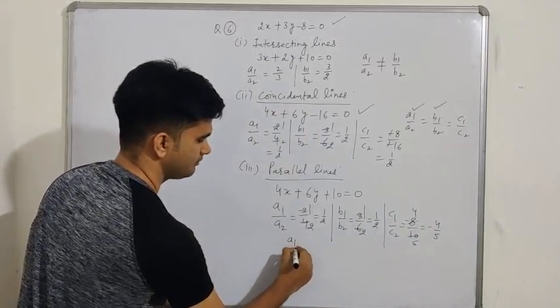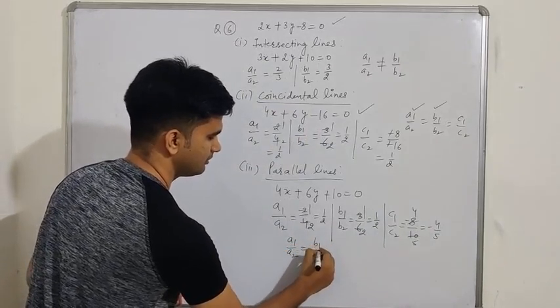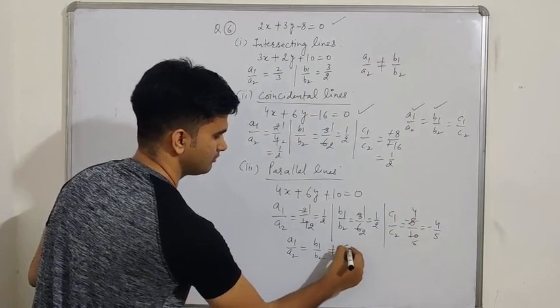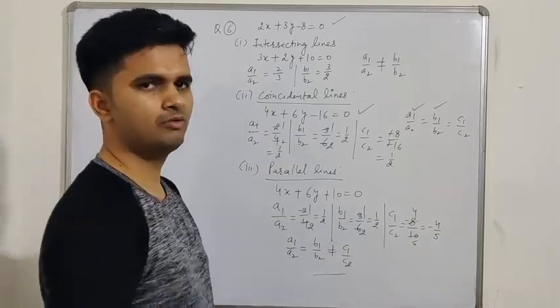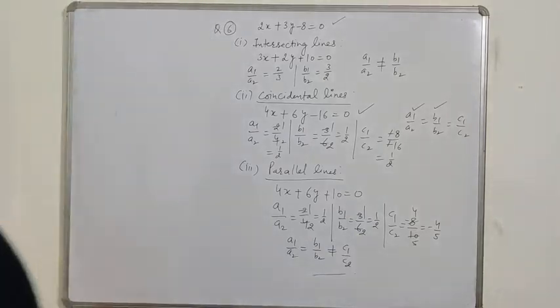See here, a1/a2 = b1/b2, not equal to c1/c2. So this will be an example of parallel lines.